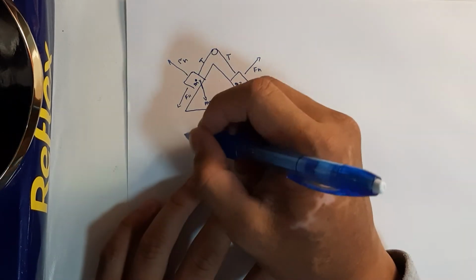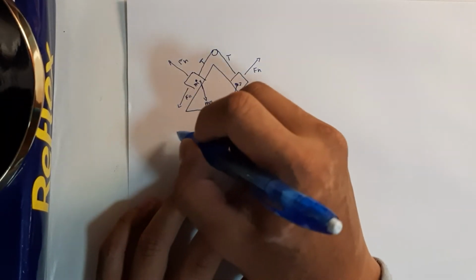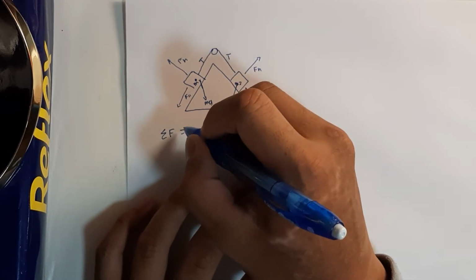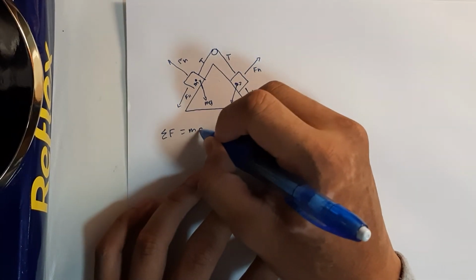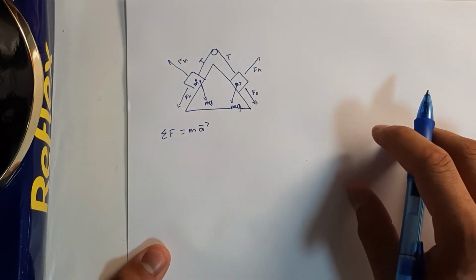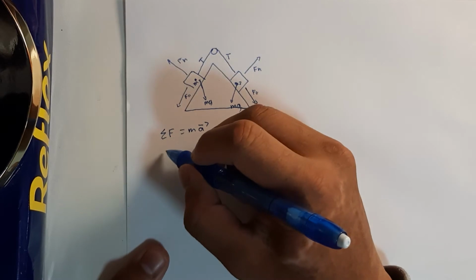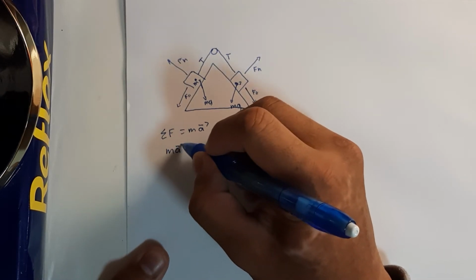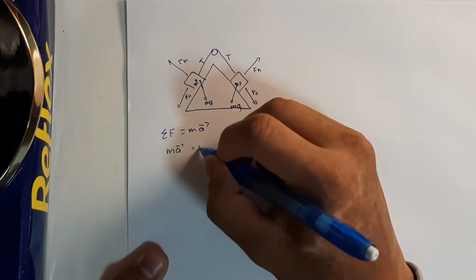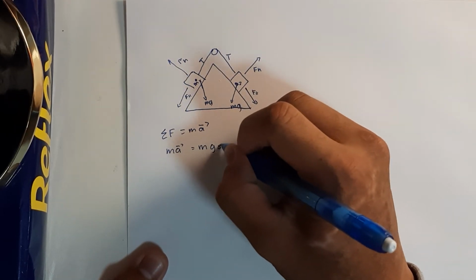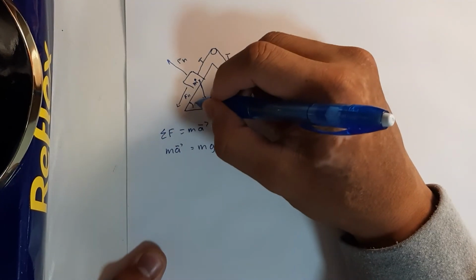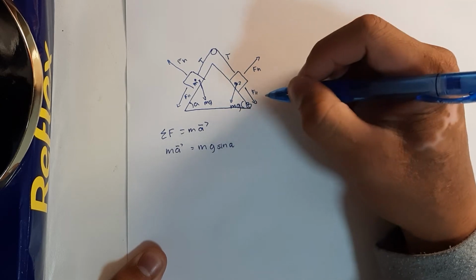Now, according to the laws of forces, net force equals ma. So ma equals m1 g sine alpha, this alpha, and that is beta.